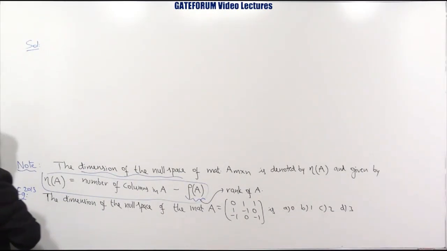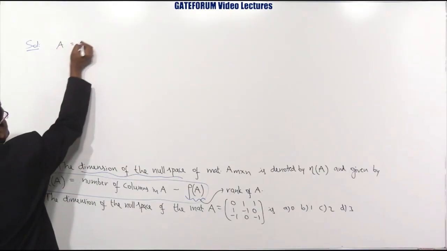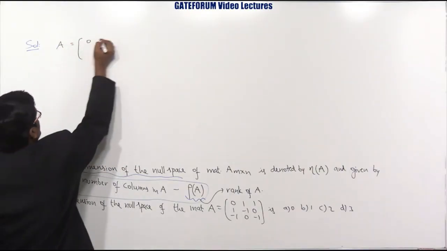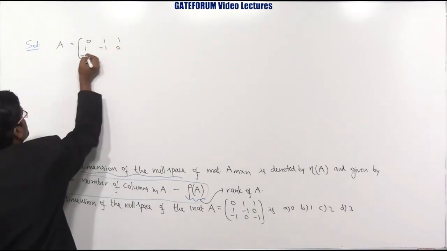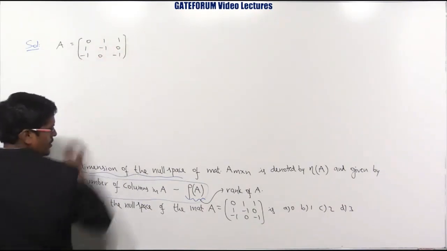Now find the rank of the matrix. A is equal to 0, 1, 1, 1, minus 1, 0, minus 1, 0, minus 1.